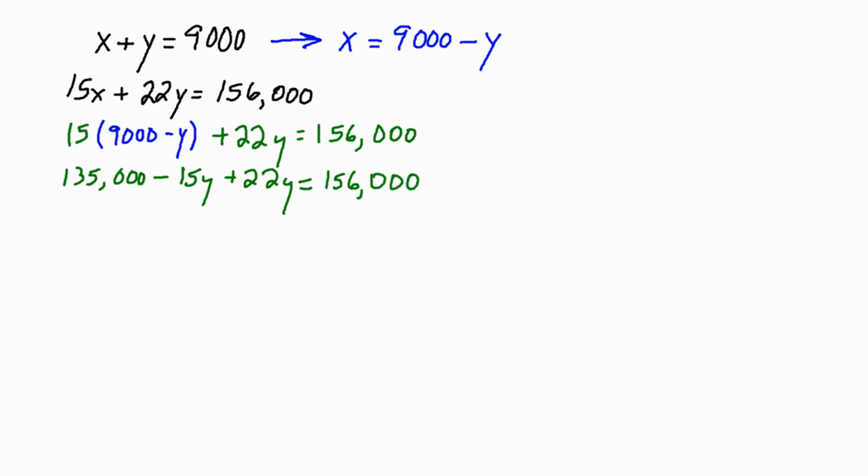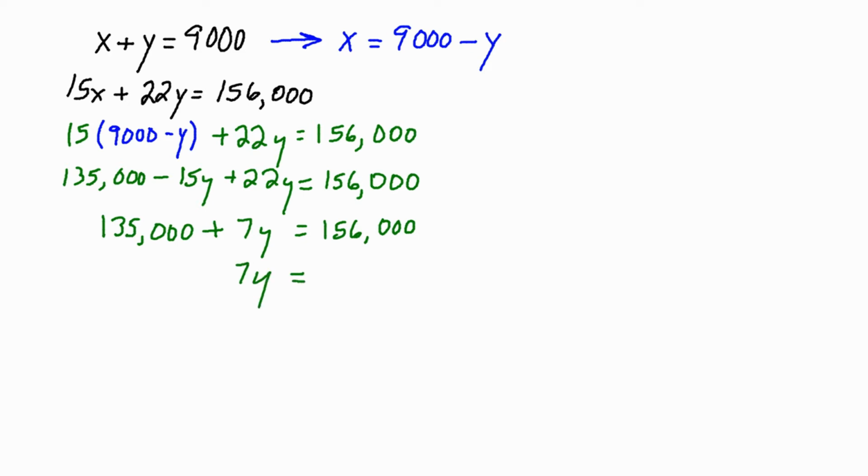Adding like terms on the right side, I have 135,000 plus 7y equals 156,000. My next step is to subtract 135,000 from each side.